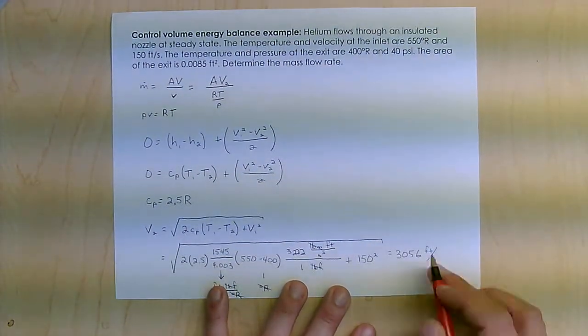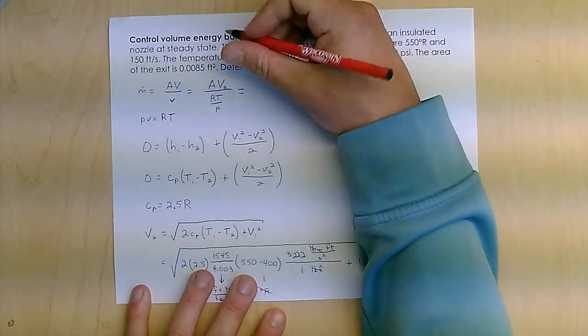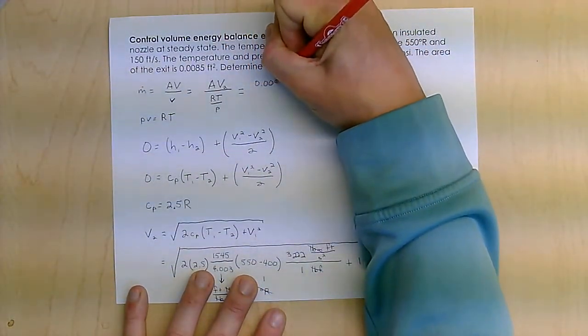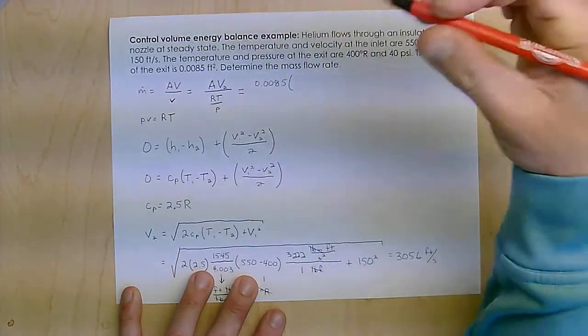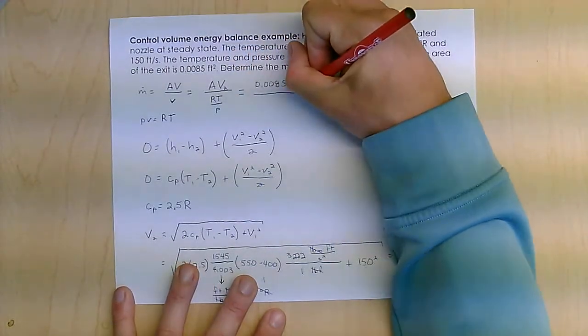Once I have that, I can pop it in up here where my area is 0.0085. My velocity is 3056.